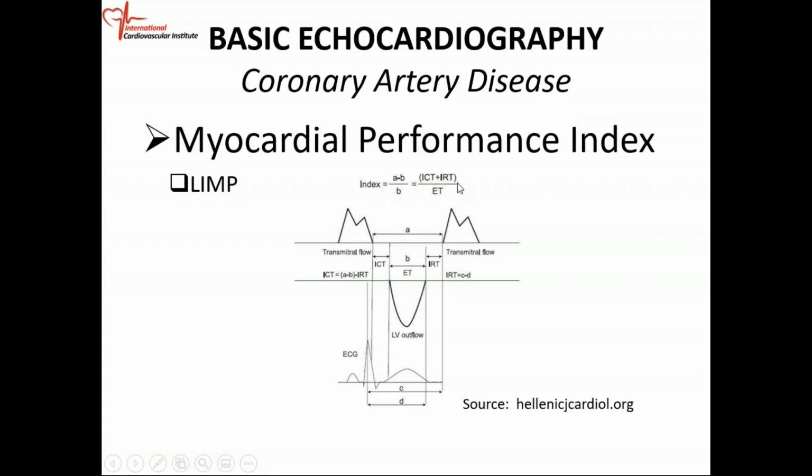So when you simplify the definition, the index of myocardial performance is IVCT plus IVRT divided by the ejection time or ejection period, okay? Okay, so that is it. All right, so you have to get this concept. You have to be very clear about this concept.